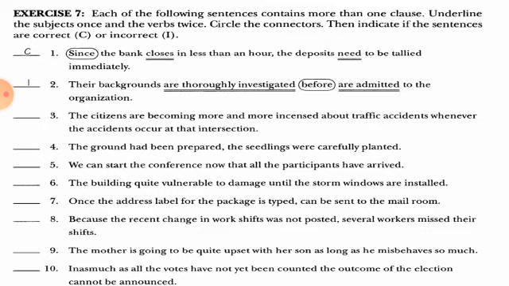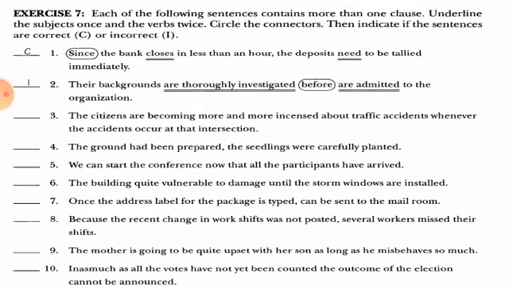The seedlings were carefully planted. This sentence is incorrect because there is no connector. We have to use a connector after the comma. Because the connector here is missing, the sentence is rendered incorrect.